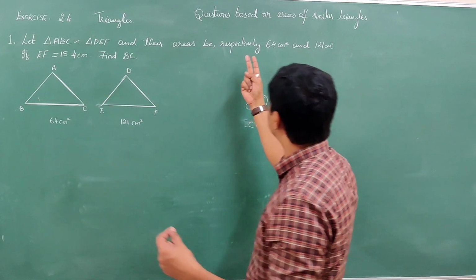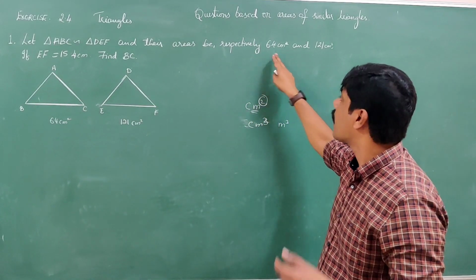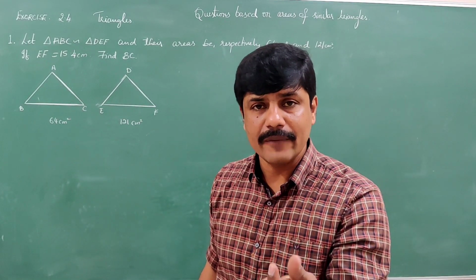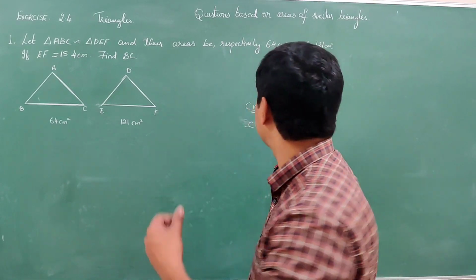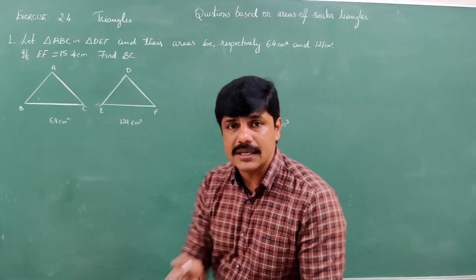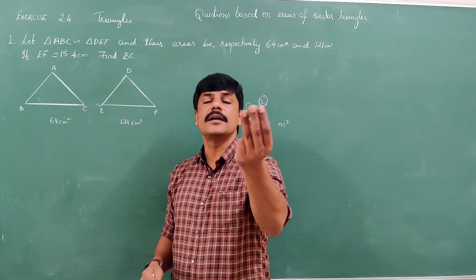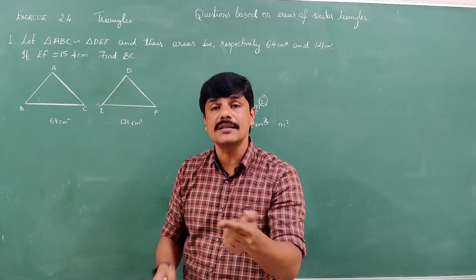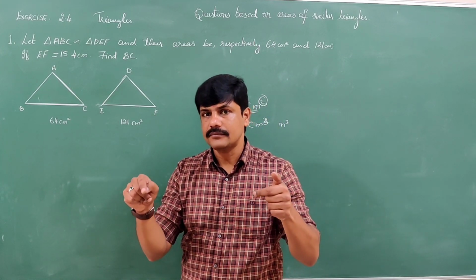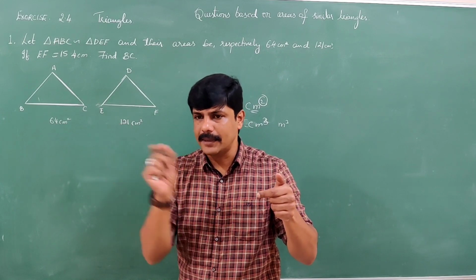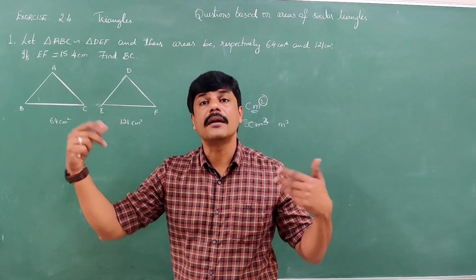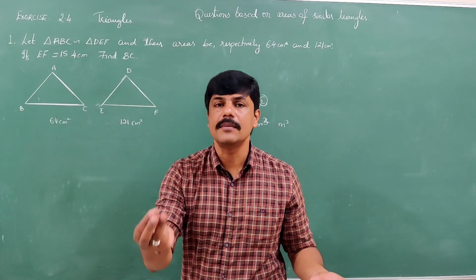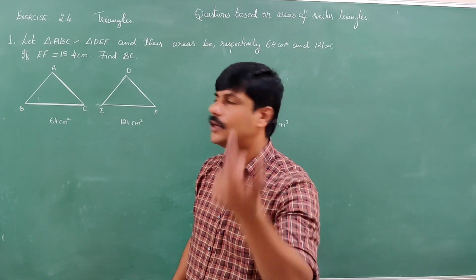Two dimensions are defined in terms of square, whether centimeter square or meter square. Three dimensions like volume are defined in terms of cube. Its unit is cube because it is three dimension: meter into meter into meter, meter cube; centimeter into centimeter into centimeter, centimeter cube, like that. Did you understand now?